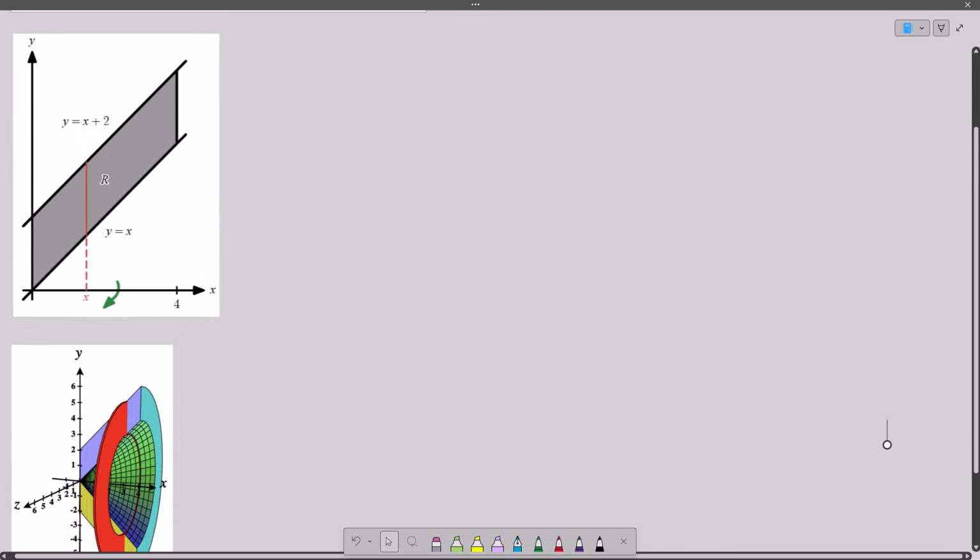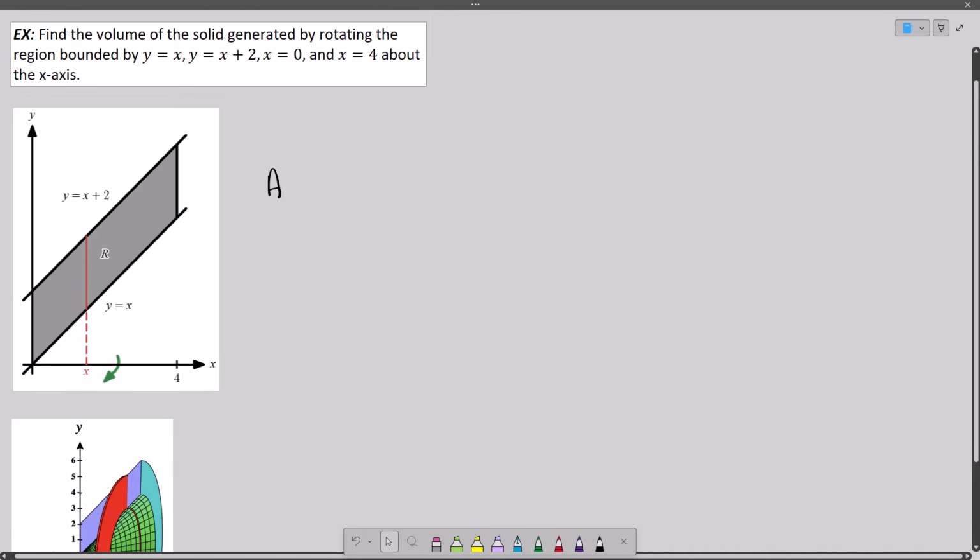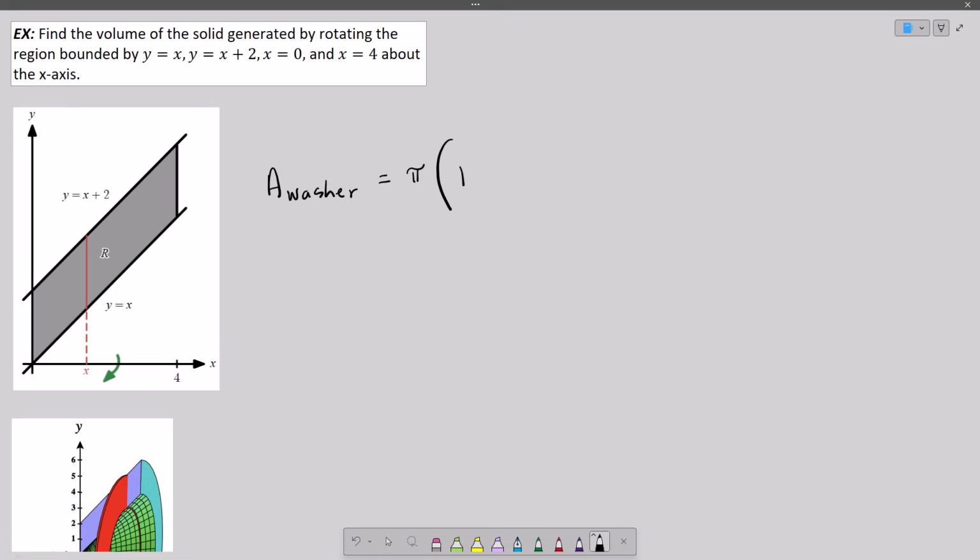Once again, we are going to have to find the area of that cross-sectional shape. So we are finding the area of a washer. So the generic formula for the area of a washer is pi multiplied by r outer squared minus r inner squared.